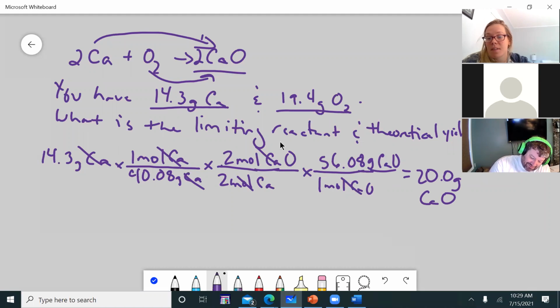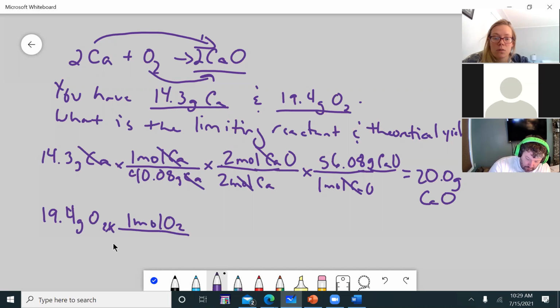We got to do that same thing with the other guy, right? This would be like us just figuring out what the flour can produce. We also have to figure out what the eggs can produce. So we're going to look at the other ingredient, which is the O2. We've got 19.4 grams of the O2. We want to convert that into moles. So 1 mole of O2 is equivalent to 32 grams of O2.